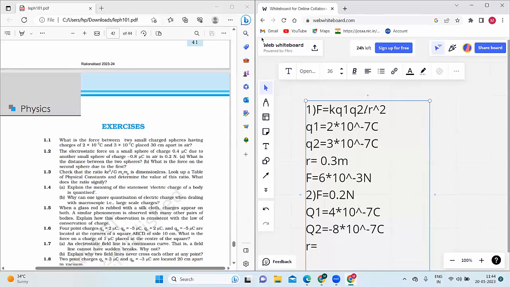Hello. Yes, Gunavardhan, please. Sir, for getting the square root, it's not there on my keyboard.